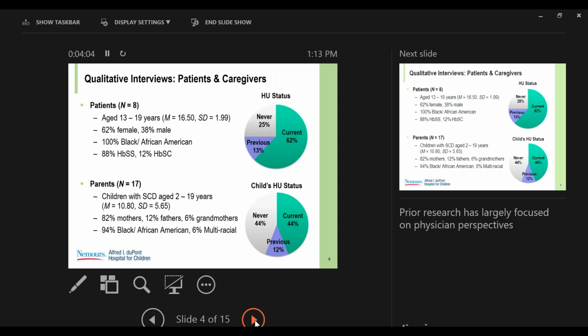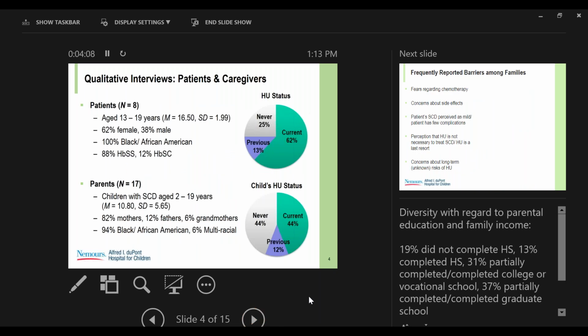So we wanted to understand those data better. And so we started by talking to patients and caregivers. We conducted qualitative interviews to really understand what were the factors that were important in their decision making around hydroxyurea. So we purposefully sampled a diverse group of patients and caregivers, both in terms of demographics, but also in terms of their exposure to hydroxyurea.